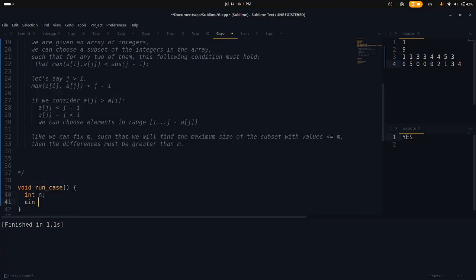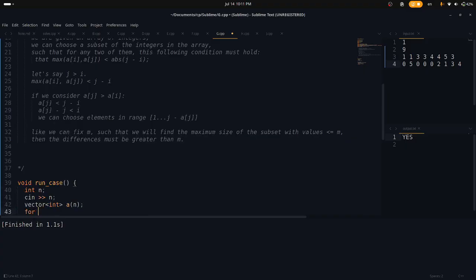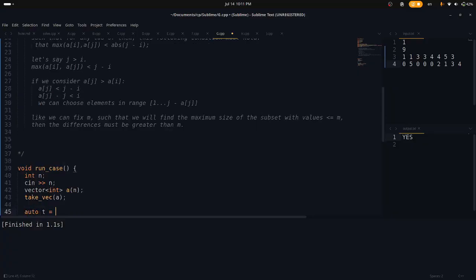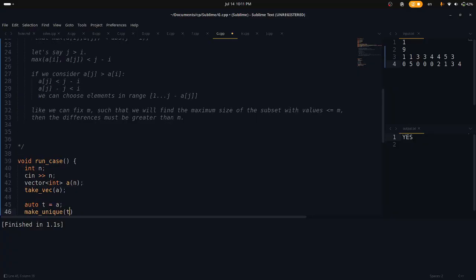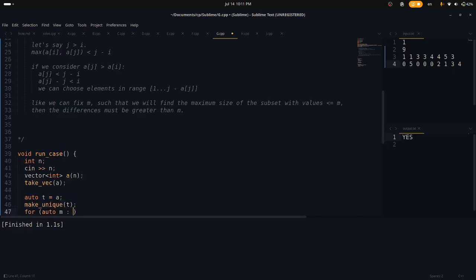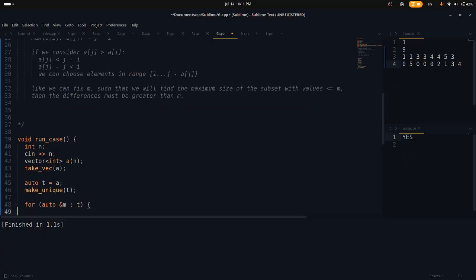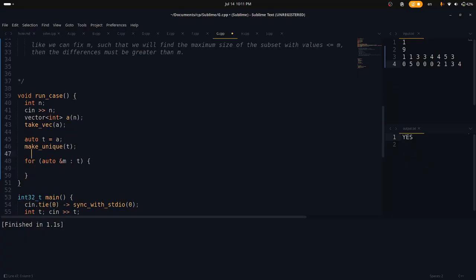So let's just take the inputs. This is our m, okay? So we'll try to find the answer for this. Let's keep an answer variable. Later we will output this answer.